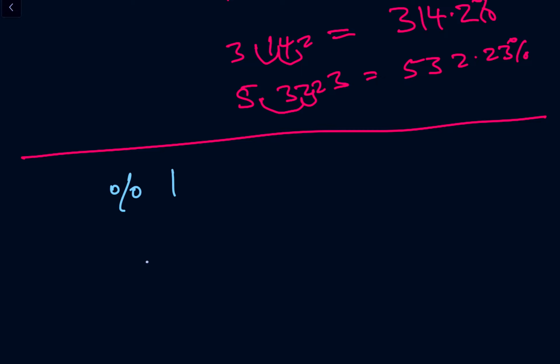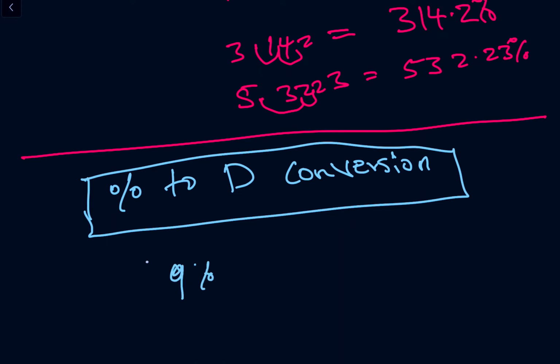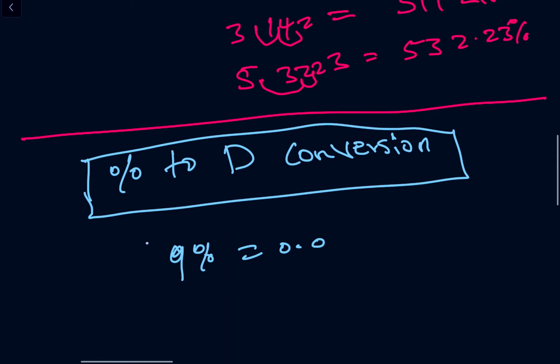Percent to decimal conversion. So let's take 9% to decimals. To do that, let us use the same formula, decimal to percent.